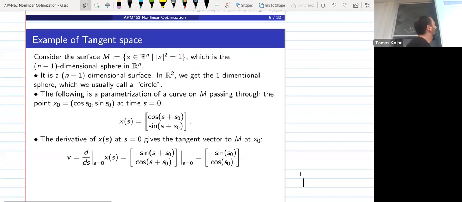So we have to find its derivative. That's pretty easy. The derivative of this is sine, this is cos, and you plug in your point, so you get this.